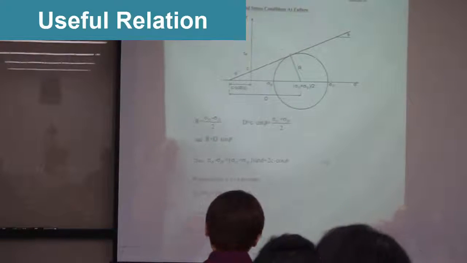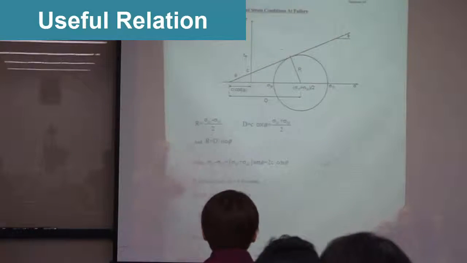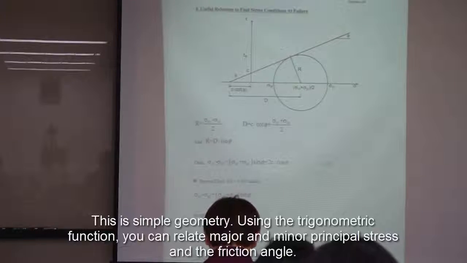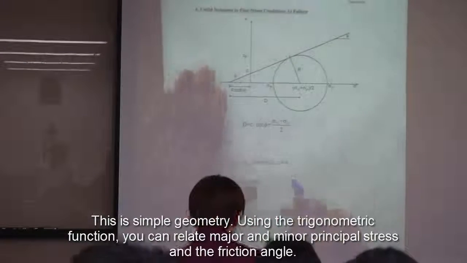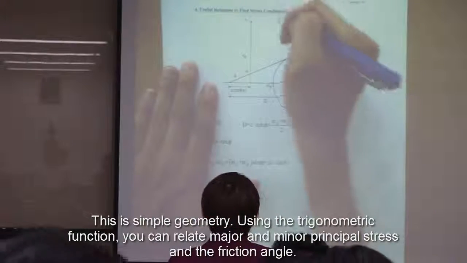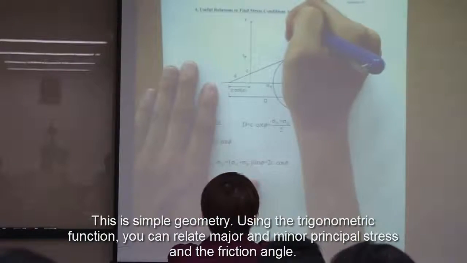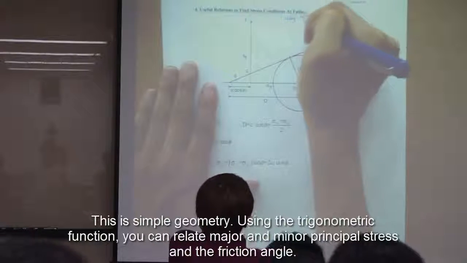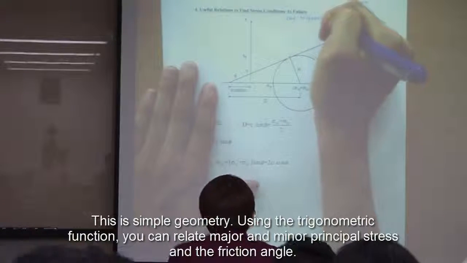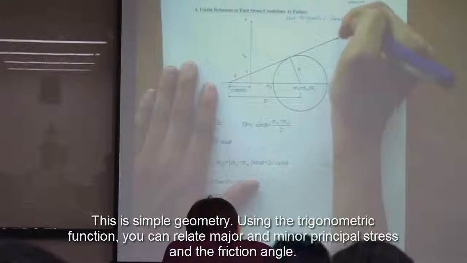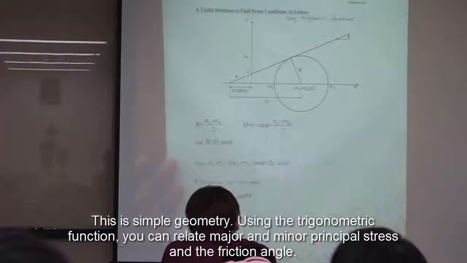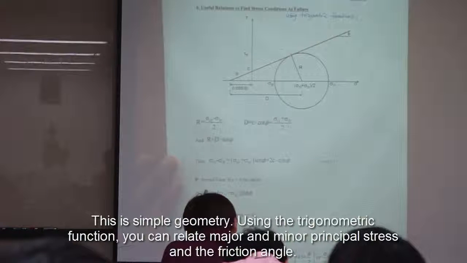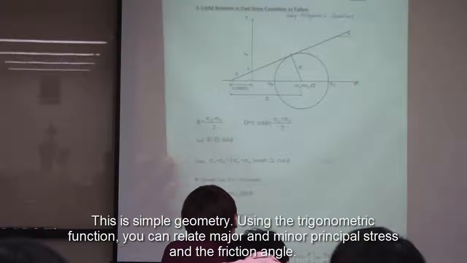Useful relations to find the stress condition and failure. Actually, this is very simple geometry. Using the trigonometric relation or trigonometric functions, you can relate the sigma 1, the major principal stress, and the minor principal stress and the friction angle.